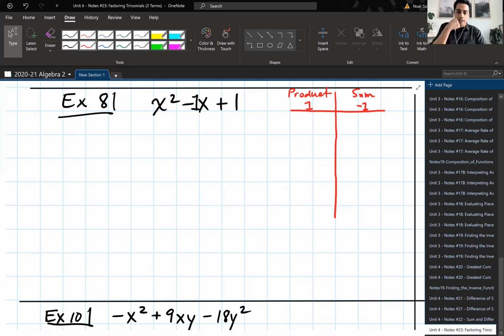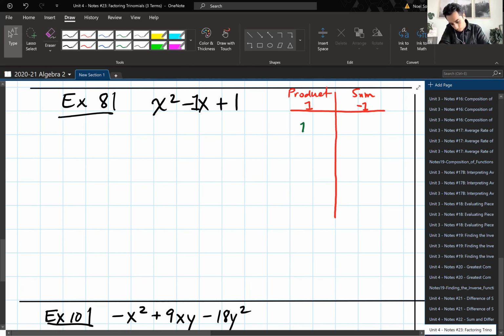So somebody says none. Okay, let's go with that. The only way to get a product of positive 1 is to be 1 times 1, right? Positive 1 times positive 1. But when you add 1 and 1, don't you get 2? So that can't work.